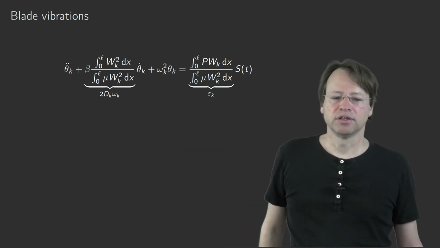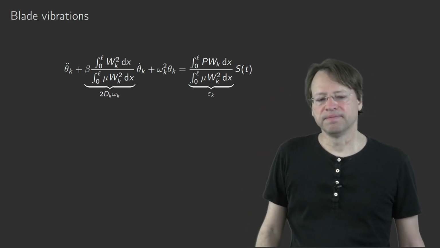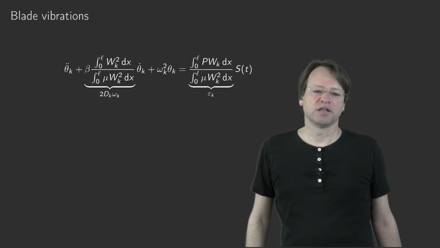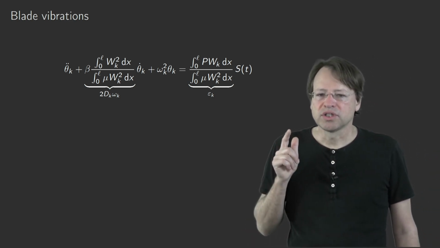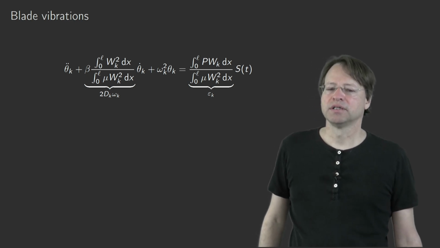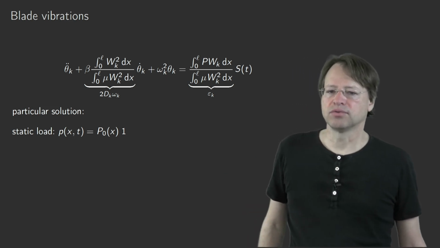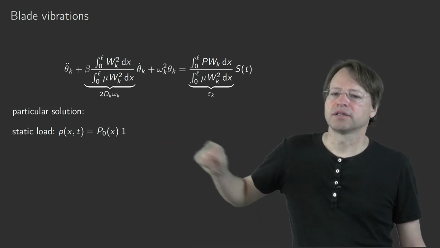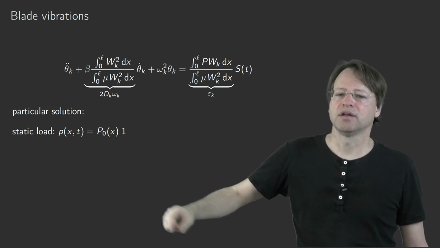There's light damping usually, as we have a nice lightweight structure here and very energy efficient, by the way. So I would like to consider two cases. The first one is the static load, and the second one is then a dynamic load or resonance load, for example. So let's look at the static load, where S of t is then equal to 1 and where we have some space-dependent function.